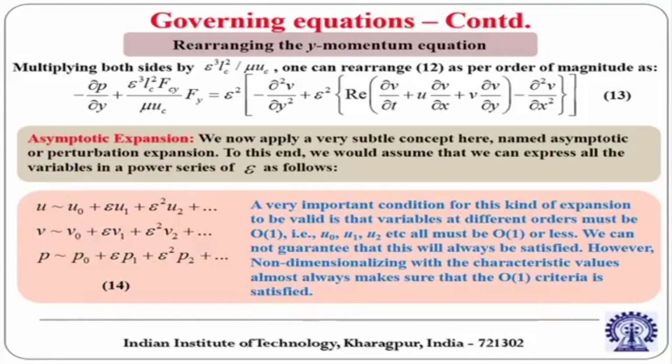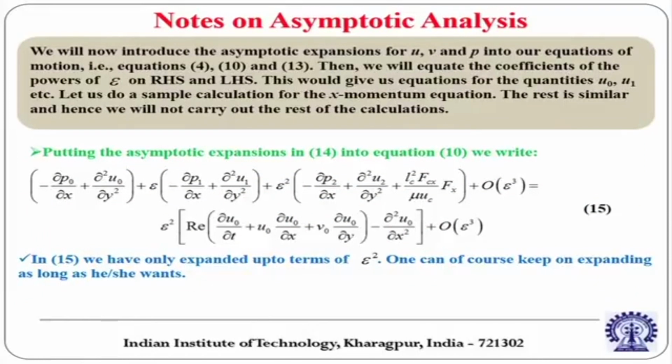So, how can we ensure that u by uc is of the order of 1? That is our hope. If that hope does not work, then it may so happen that the individual dimensionless parameters are not of the order of unity, and then this method will not work. So, the choice of the scale is very important. However, if suitable characteristic values can be found, then non-dimensionalizing with the characteristic values almost always makes sure that the order of magnitude criterion is satisfied.